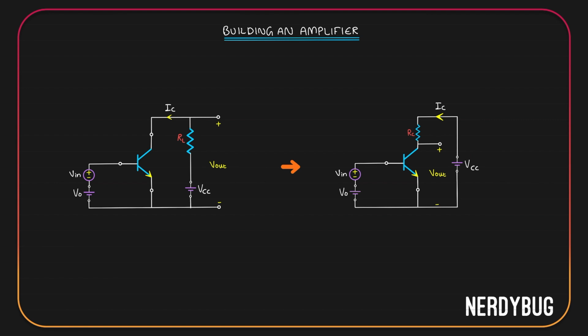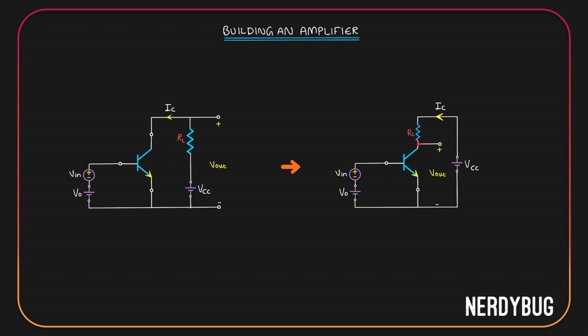Let us check out the differences I have made. The first thing is over here you can see the output is taken between the collector and the emitter. Here also output is taken between the collector and emitter. I have just shown it in a different way.